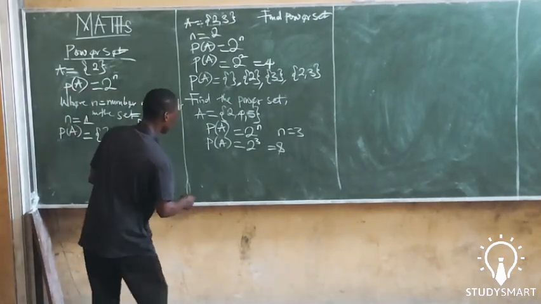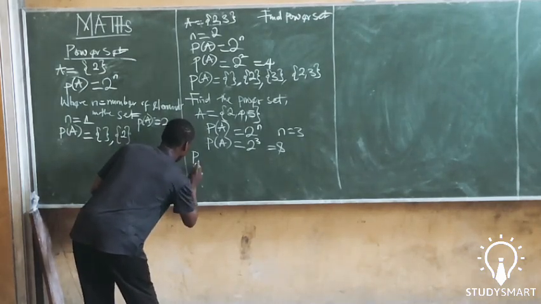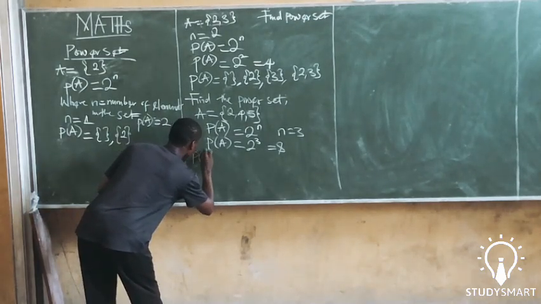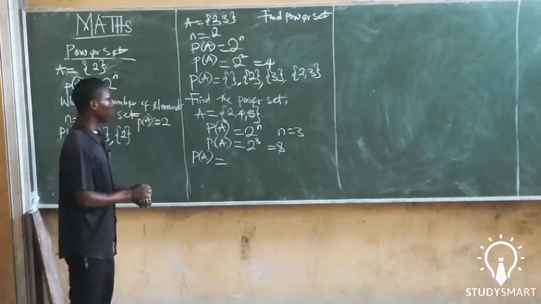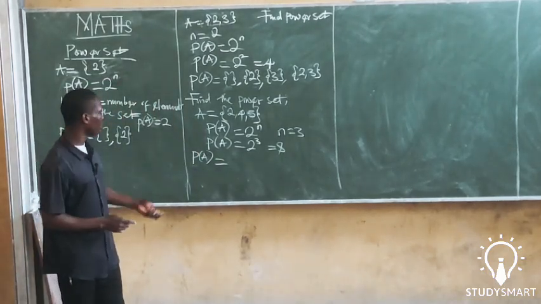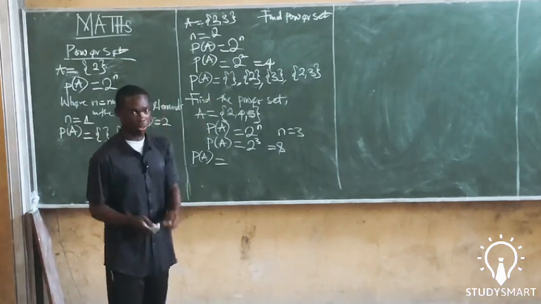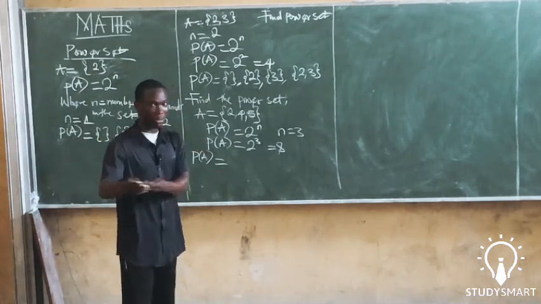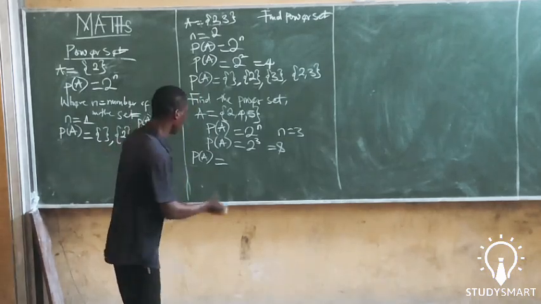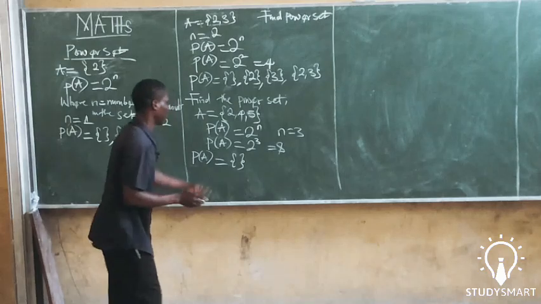Firstly, let me start. The power set of A will now be equal to, don't forget, we are starting with an empty set. That's what we are going to be starting with, an empty set, when listing out the subsets.